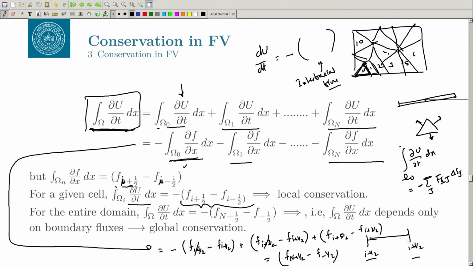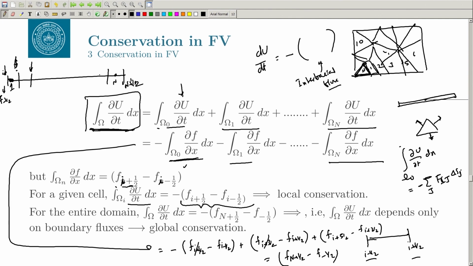If you have a domain like this, this is my cell center 1 and this is my cell center n, so this is my n plus half, and this is my f minus half, the first one. If you integrate the values of fluxes everywhere, for the first cell you will have these faces, and for the second cell you have this face and this face, so this term will cancel out.